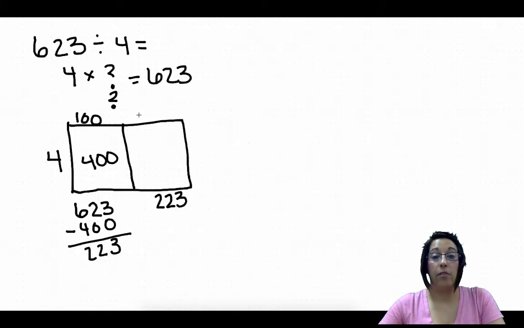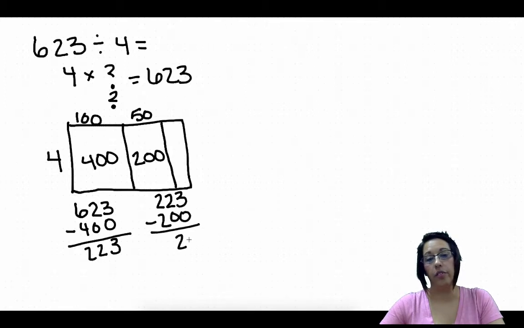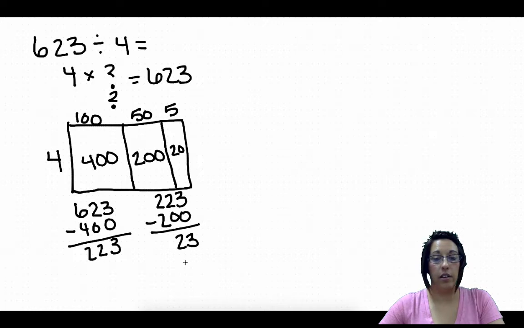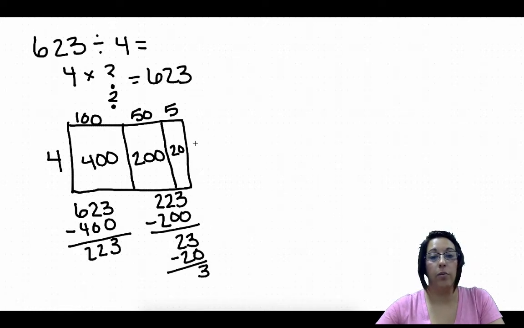So 4 times 50 would be 200. So I subtract 200. Left with 23, so 4 times 5 is 20. And I have 3 that will be my remainder.